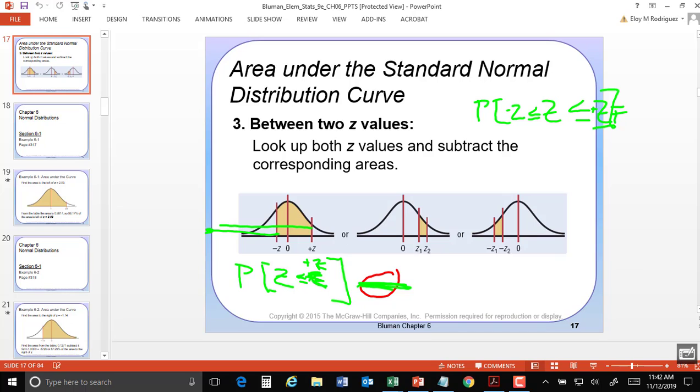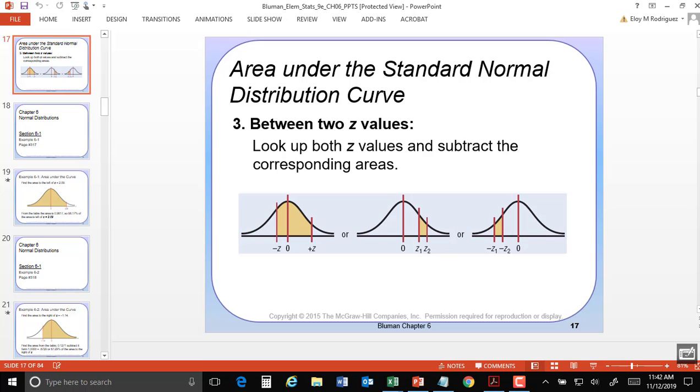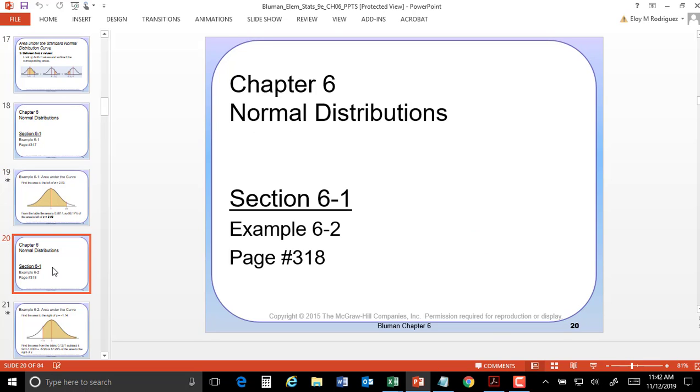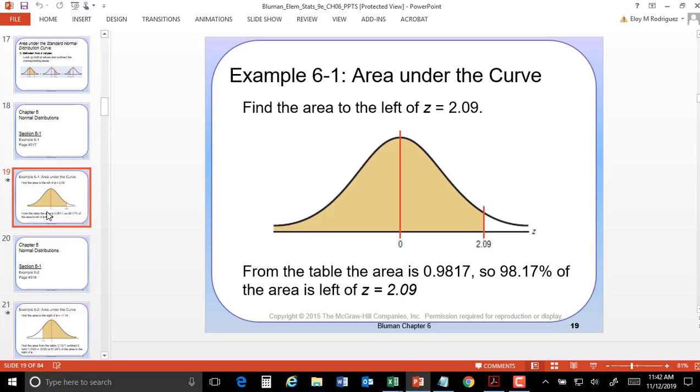Same here, same here, same here. All right, next. Now, area under the curve, 2.09. Do you see it?